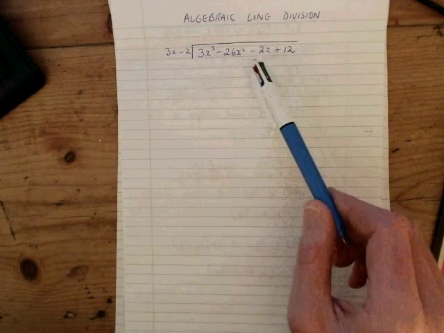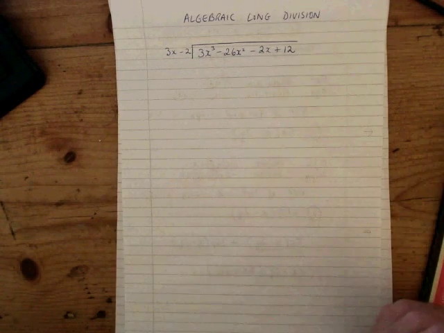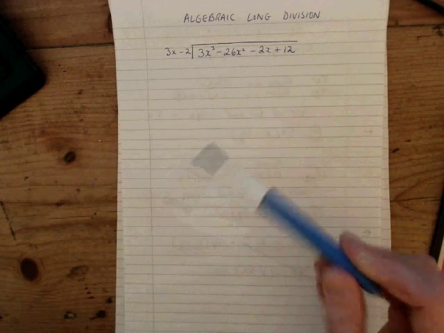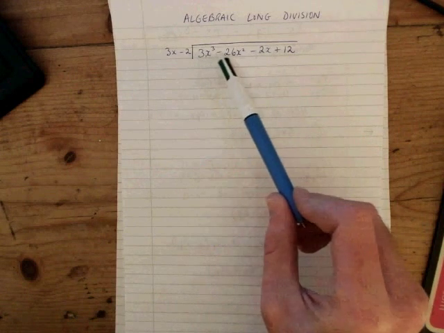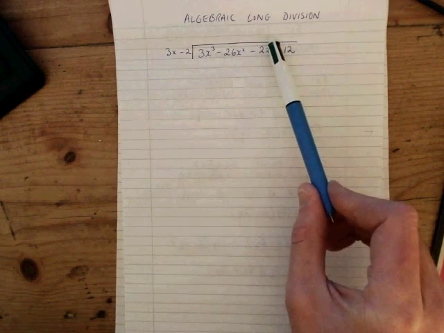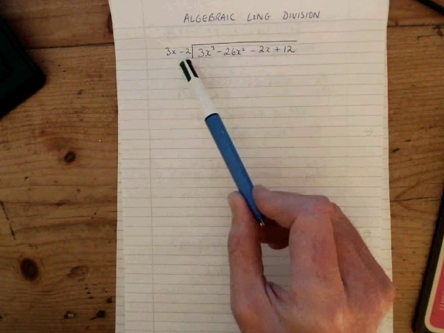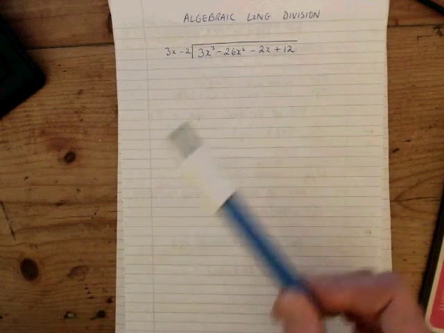For example, 3 is a factor of 12 because 3 divides into 12 evenly 4 times. So 3x minus 2 is a factor, and we're going to divide it into this to find the other factor, the other thing we could multiply 3x minus 2 by to give us this as a final answer. That's the whole purpose of this.